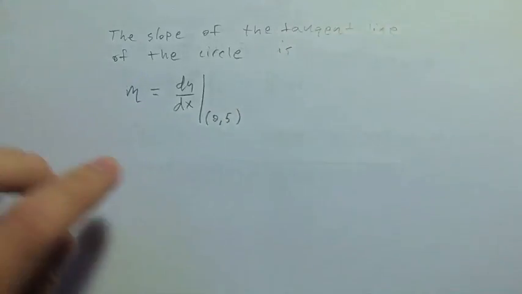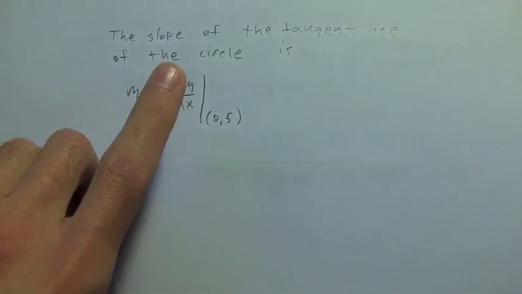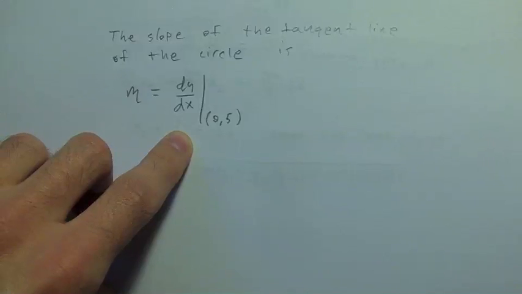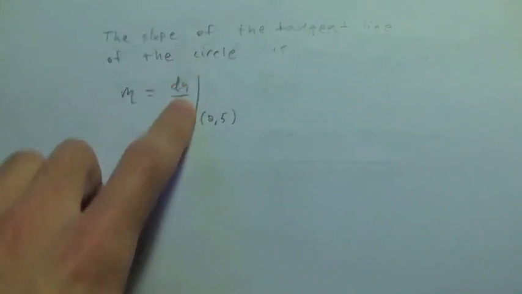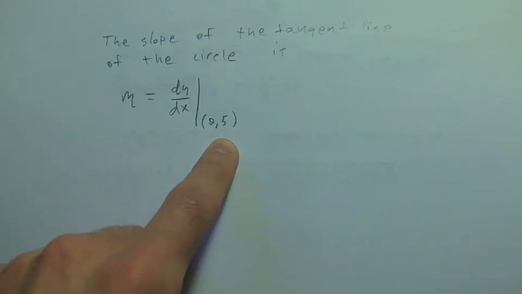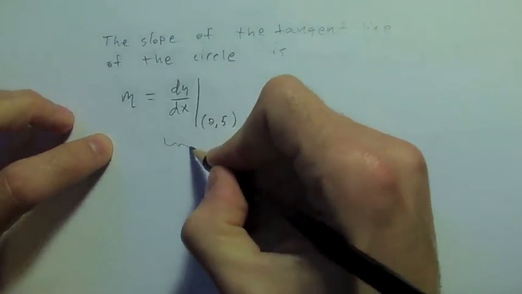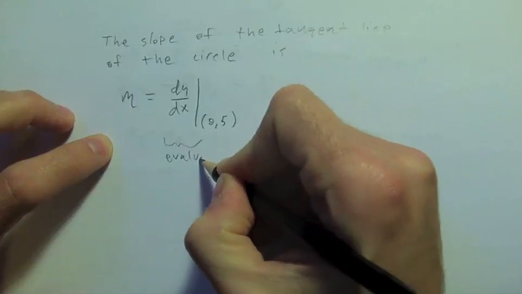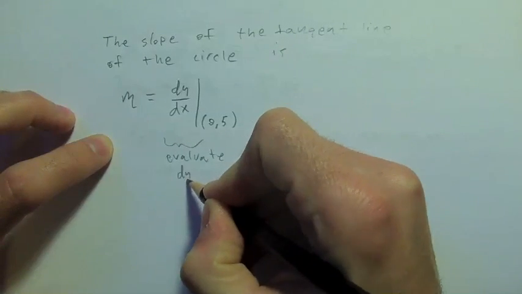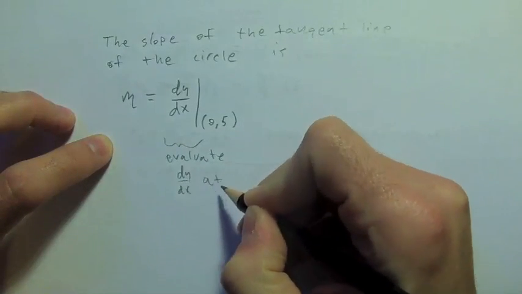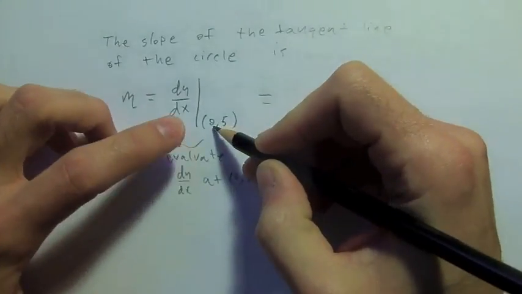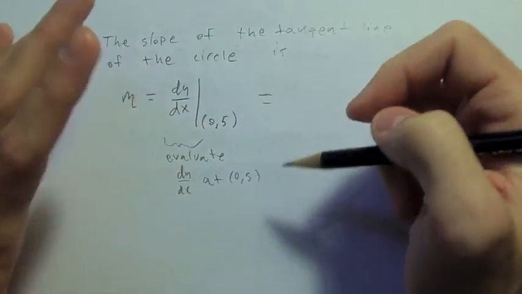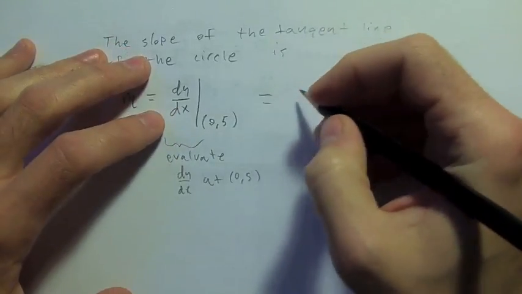Now here's some notation you may not have seen before, but basically if we want to evaluate the derivative at a point, we'll draw a big bar and put that point at the base of it. This basically says evaluate the derivative dy over dx at the point 0, 5. So that means I'm going to plug in 0 into all my x's, 5 into all my y's.